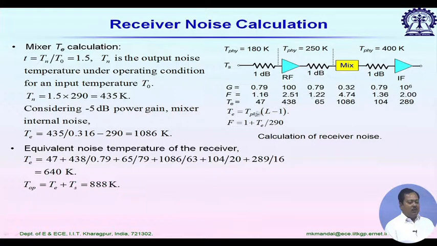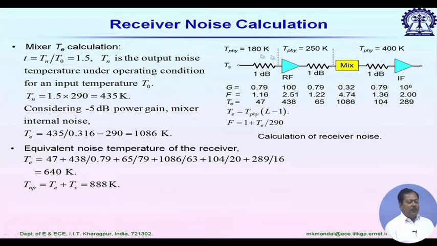So how are we calculating F? This is equal to 1 plus TE by 290. Next we have the mixer. For the mixer also we calculated TE as 1086. Again we have the next attenuator. You see the 1 dB loss is providing different noise temperatures. Why?